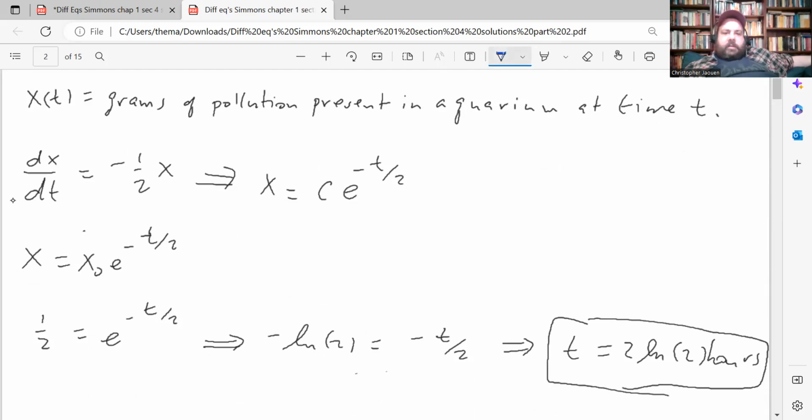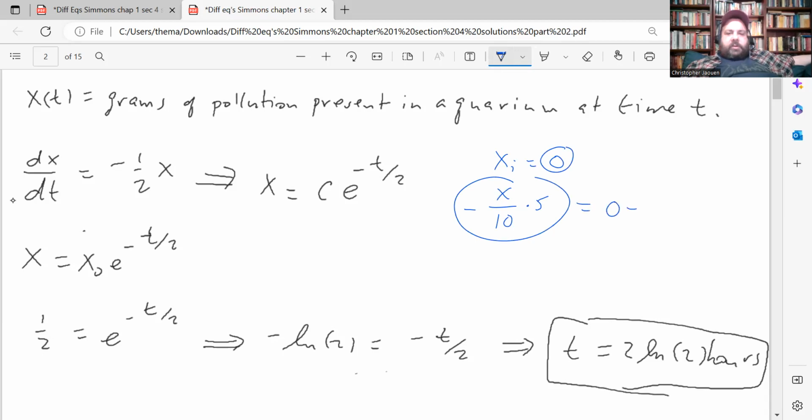The outgoing pollution is x of t over 10 times the 5 gallons per hour coming out. It's negative because it's exiting the aquarium rather than coming in. So you get 0 minus 5/10 x, which is just negative 1/2 x.